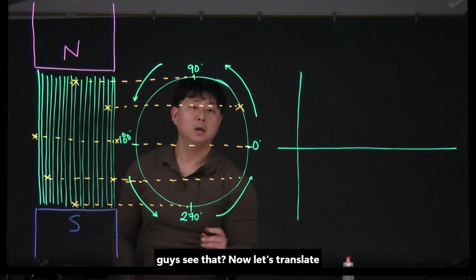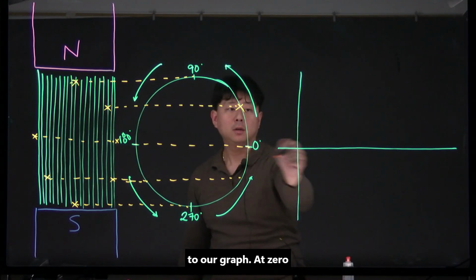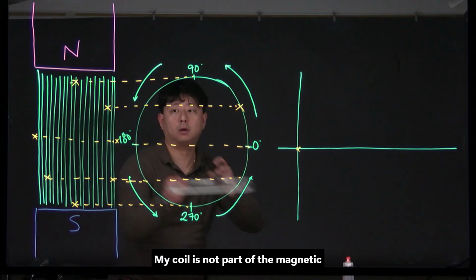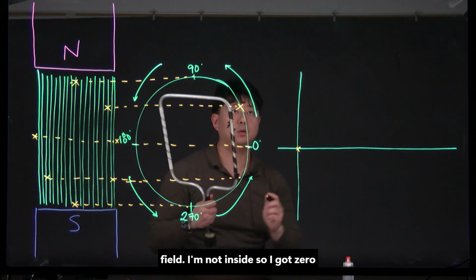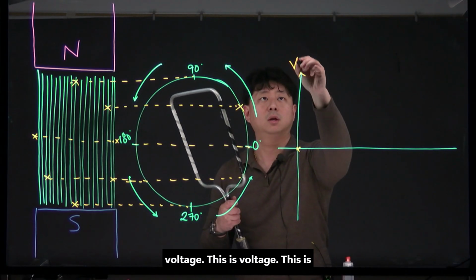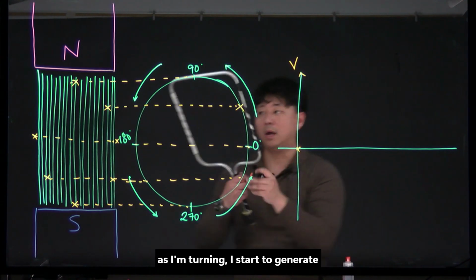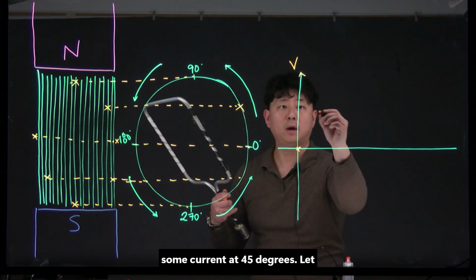You guys see that? Now let's translate to our graph. At 0 degrees, we have no voltage. My coil is not part of the magnetic field. I'm not inside, so I got 0 voltage. This is voltage. And as I'm turning, I start to generate some current at 45 degrees.